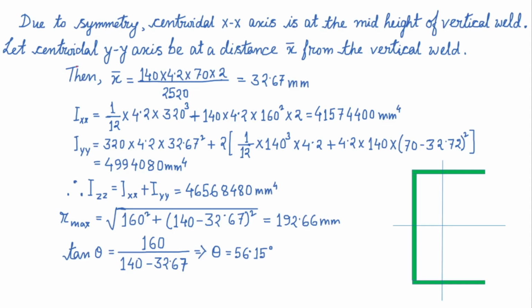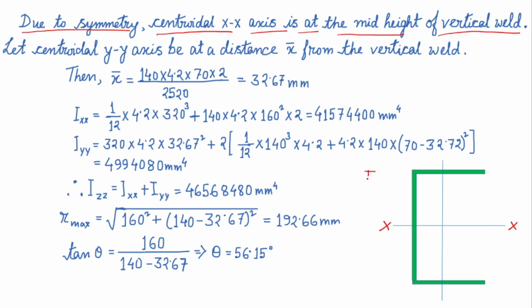Next, due to symmetry, the centroidal x-axis is at the mid height of the vertical weld. If I draw only the welding part of the bracket, it is in the form of one channel, which I already told you. So its centroidal x-axis will be at the mid height.